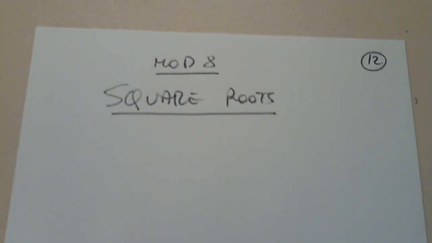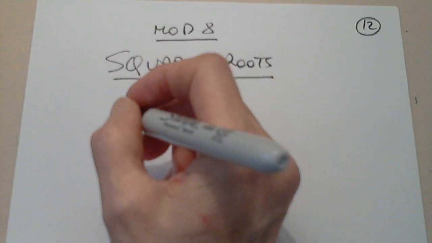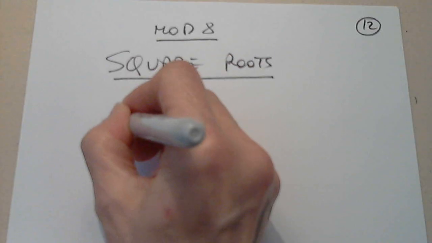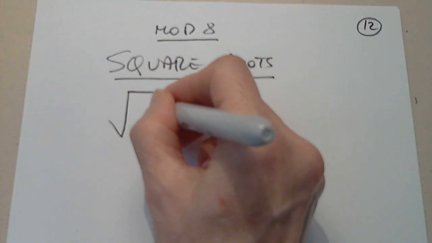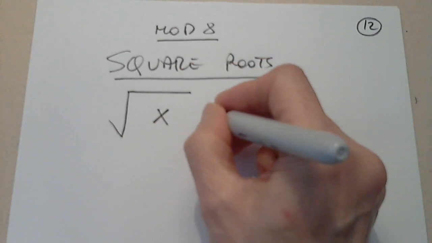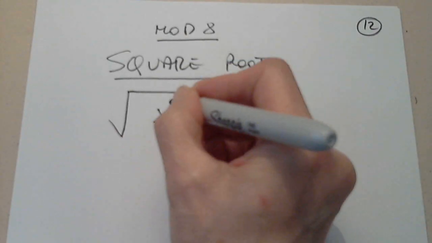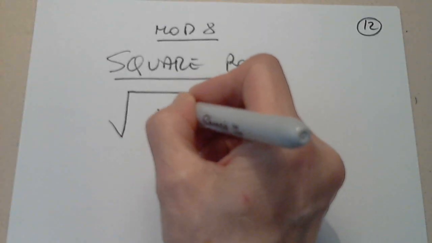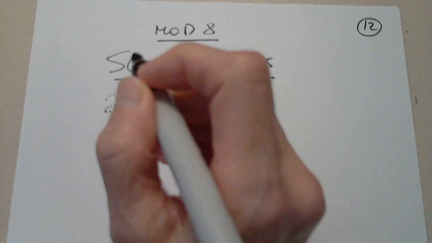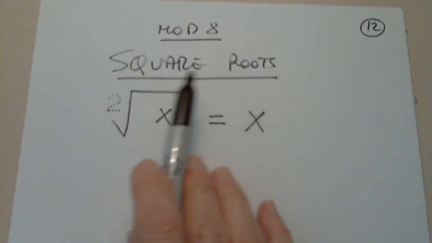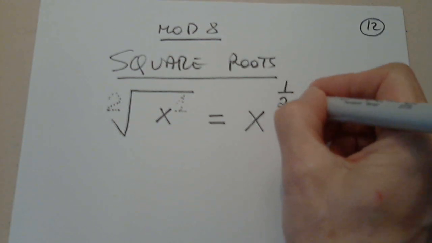But before that, I just want to give you the heads up. If I have the square root of x, the power is 1, we don't write it. Index is 2, we don't write it. So the square root of x is the same thing as x to 1/2.